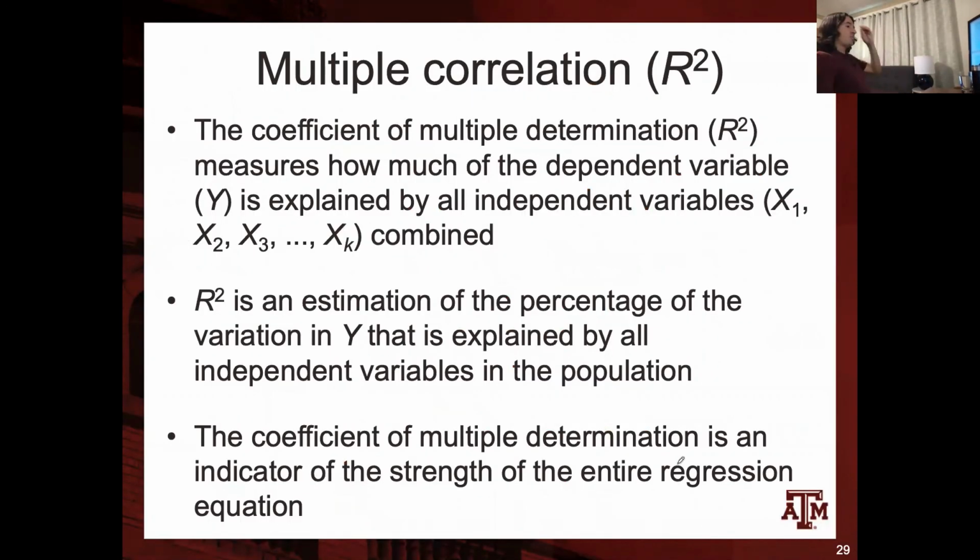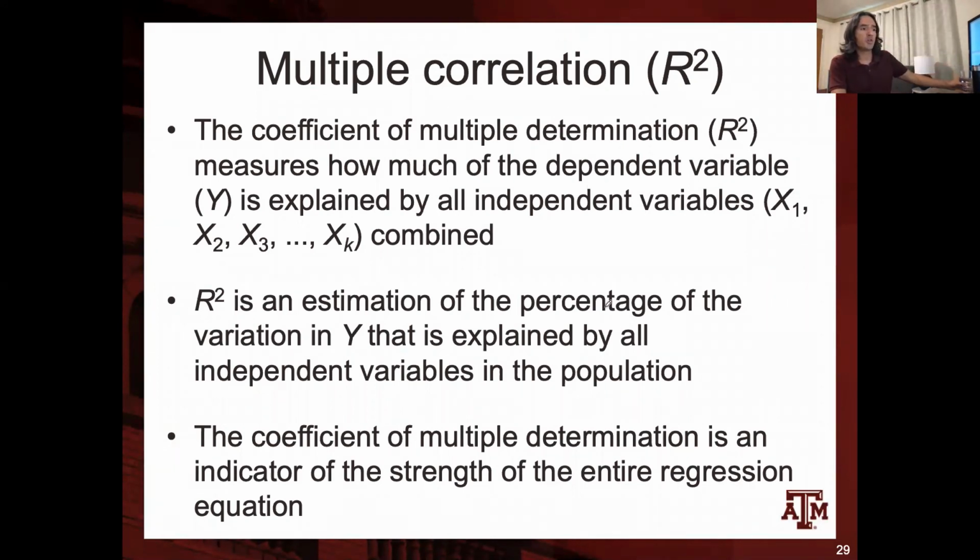And then the other part of that regression that we haven't talked about yet is the multiple correlation, the R-square. The coefficient of multiple determination, the R-square, measures how much of the variation in the dependent variable is explained by variations of all independent variables combined.